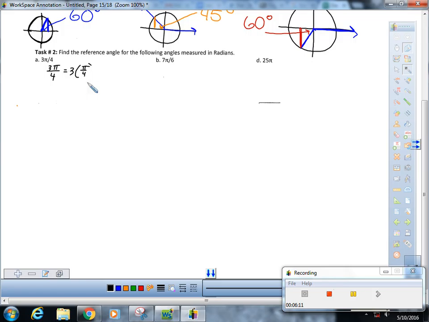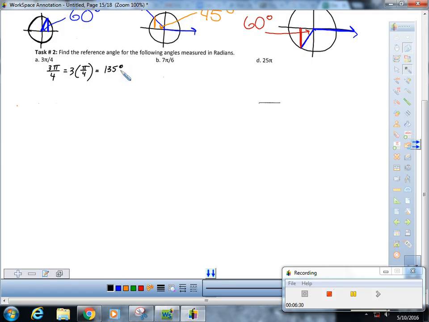How many degrees is pi? 180. So what's pi over 4? That's 45. That's a fourth of 180. And 3 times 45 is 135 degrees. You're going to have to get good at changing these in your head. And you'll only have to know the 4s, the 3s, and the 6s, but we'll get to that. Okay? And the 2s.